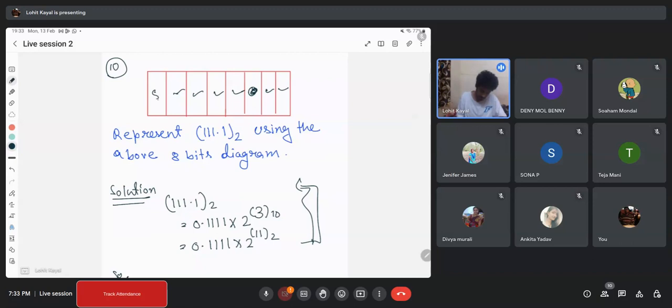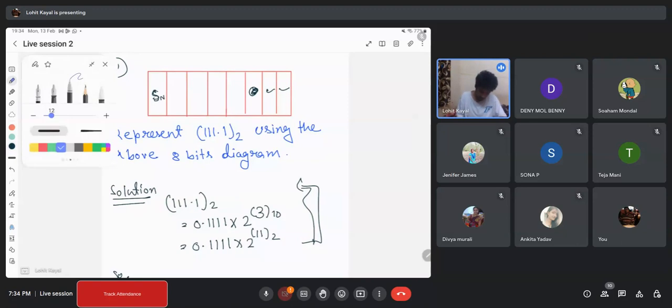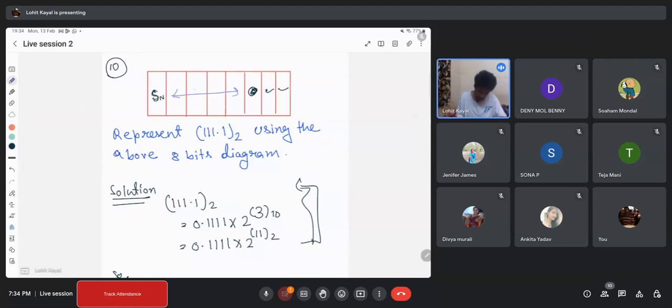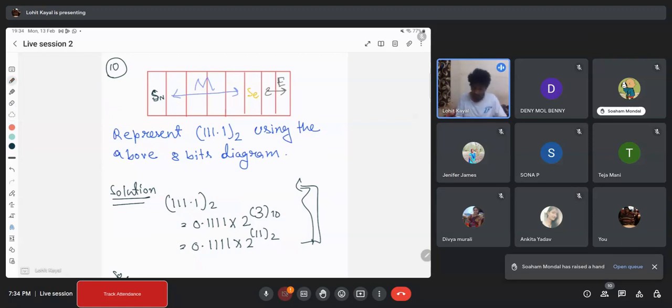This is for the sign of the number, let me write SN. These four are for the mantissa. This is for the sign of the exponent, SE, and these two are for the exponent E, capital E.